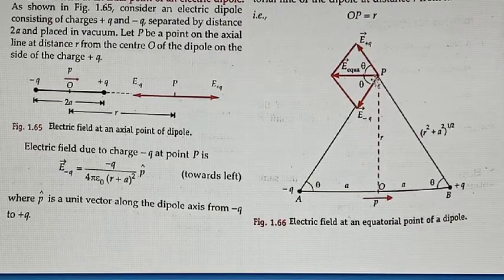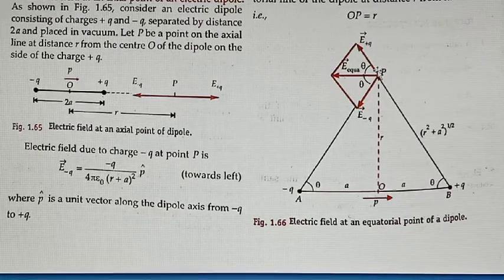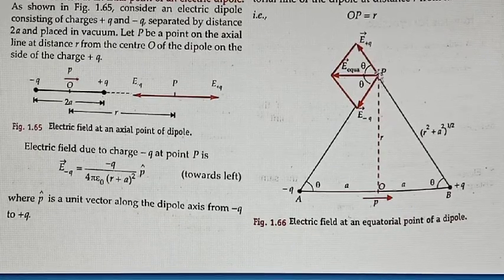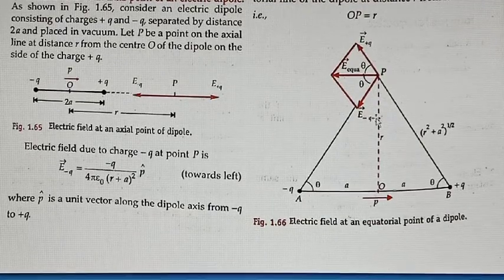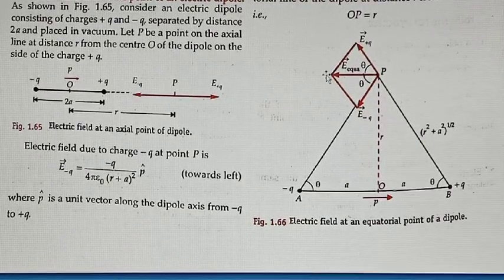Clear? Similarly, let us draw the rectangular components for E minus Q. This is E minus Q sine theta, and this is E minus Q cos theta.